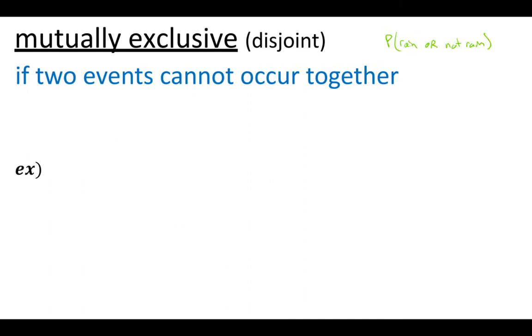Well, those two things are mutually exclusive because it can't simultaneously rain today and not rain today. Only one of those could be true. So if that's the question, then the intersection of those two, the probability of A intersect B, would be 0 because there's no way it could possibly rain and not rain today.